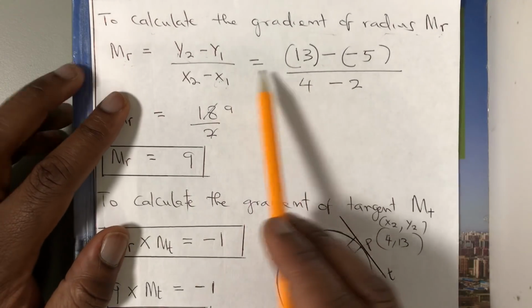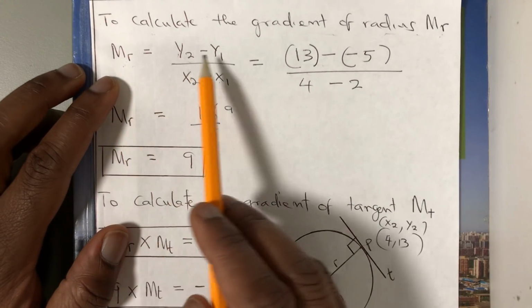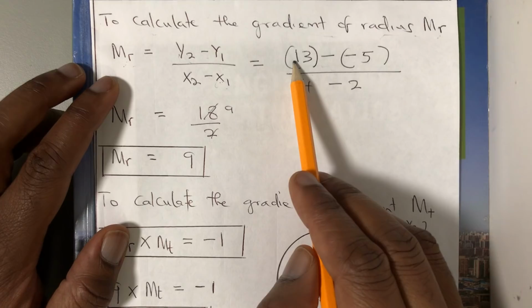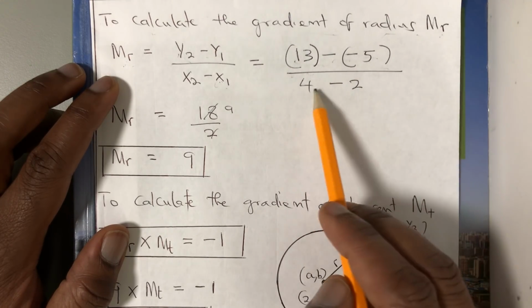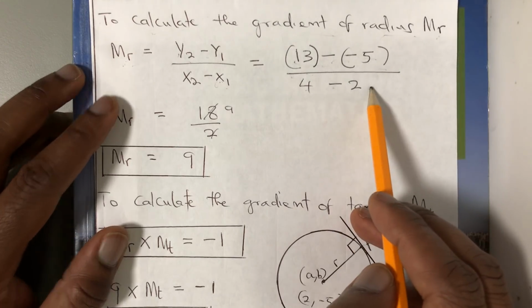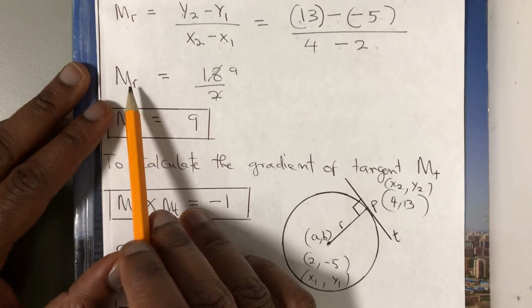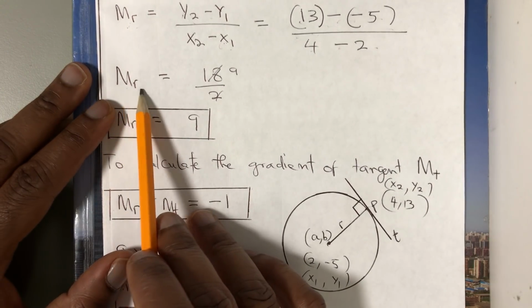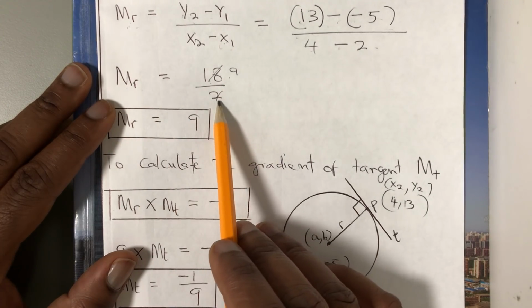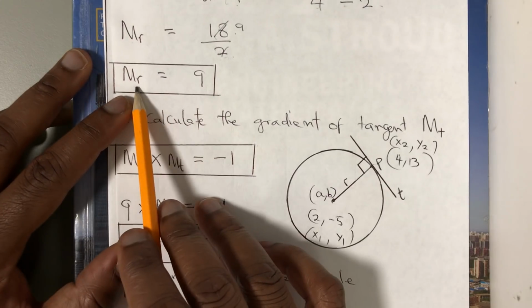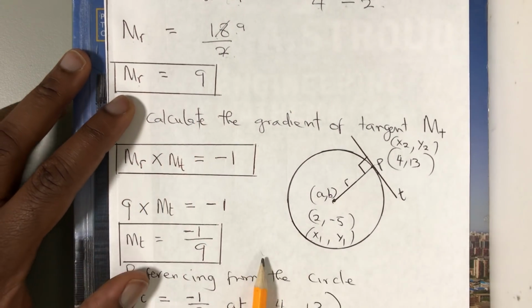Then we have MR equals 13 plus 5 all over 4 minus 2. From there, we calculate our gradient MR, which equals 18 over 2, which equals 9.